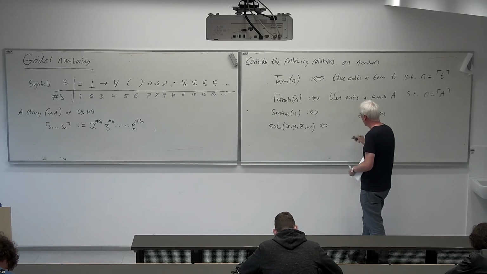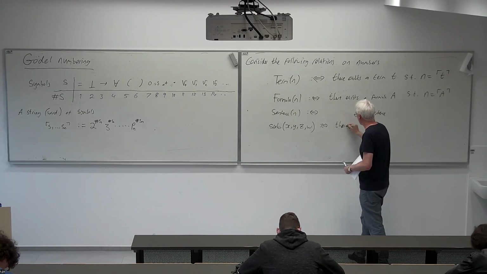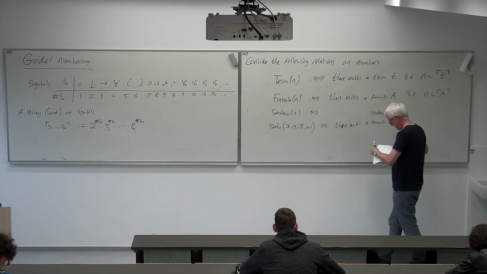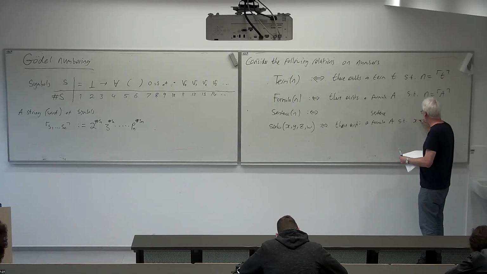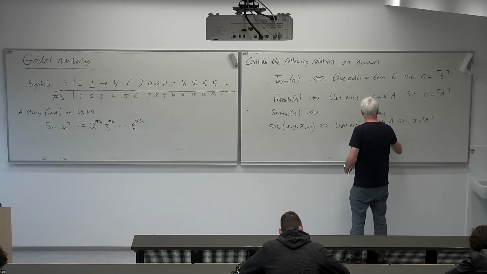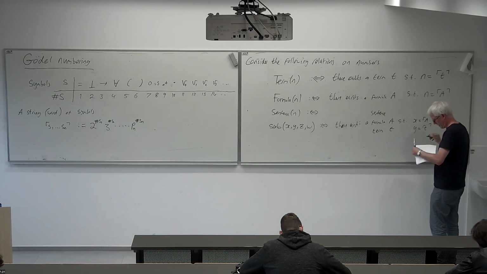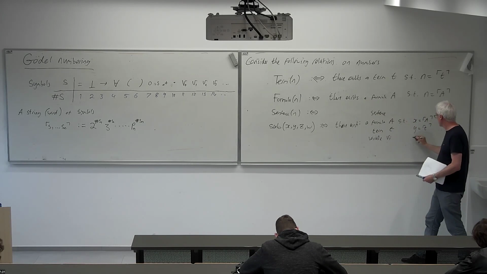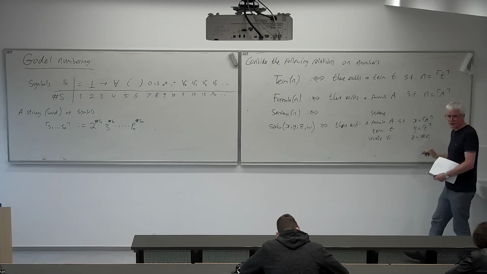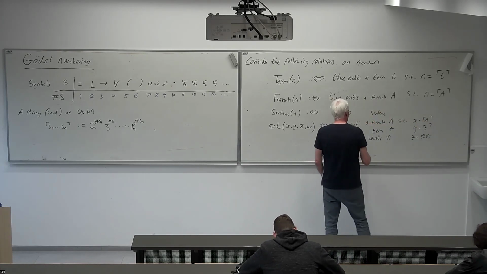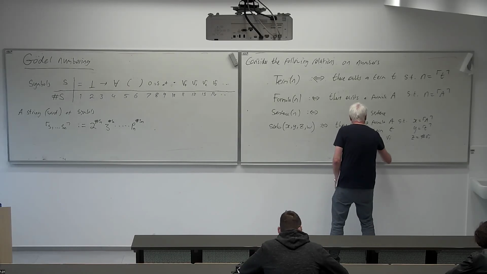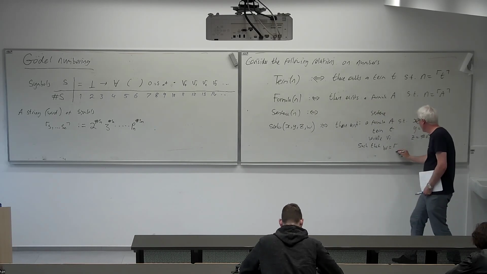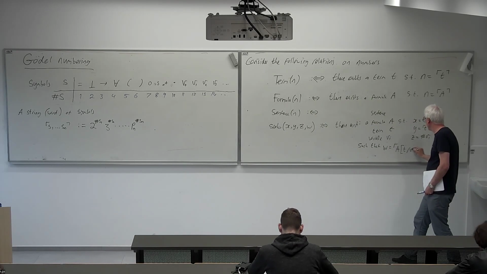And this holds if and only if there exist a formula A such that X is the code for A, a term T such that Y is the code for T, a variable, all our variables are of the form VI for some I, such that Z is the number of VI, and such that W is the code for the formula A with the variable VI replaced by the term T.